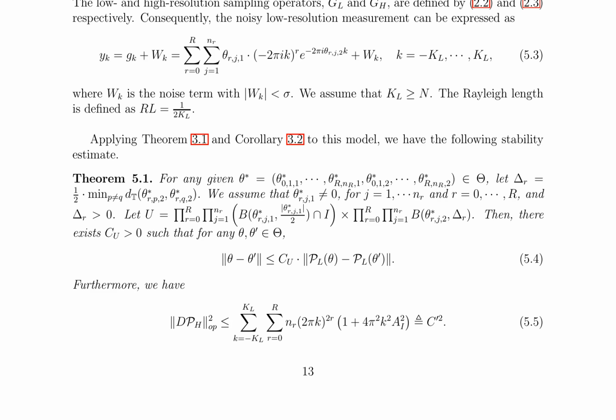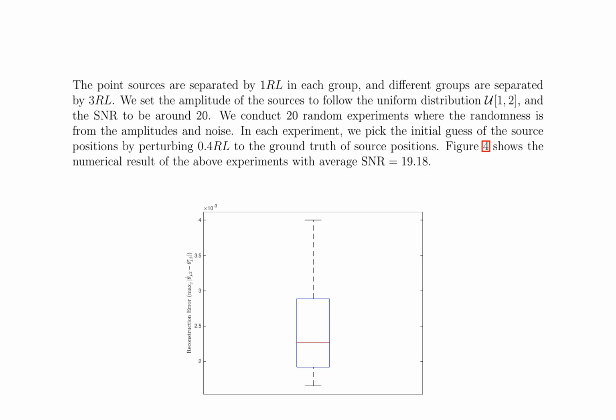Let U = Π_{r=0}^{R} Π_{j=1}^{n_r} (B(θ*_{r,j,1}, |θ*_{r,j,1}|/2) ∩ iℝ) × Π_{r=0}^{R} Π_{j=1}^{n_r} B(θ*_{r,j,2}, Δ_r).